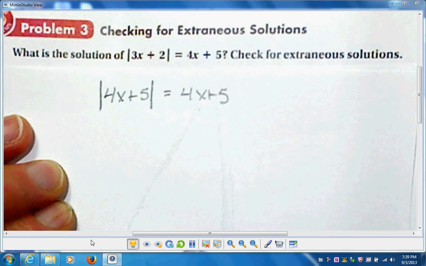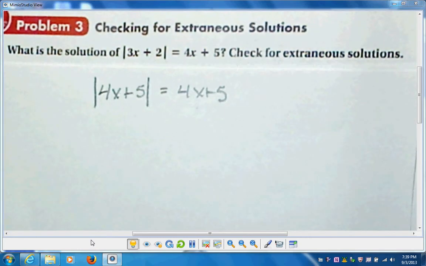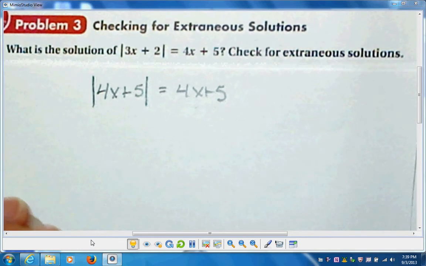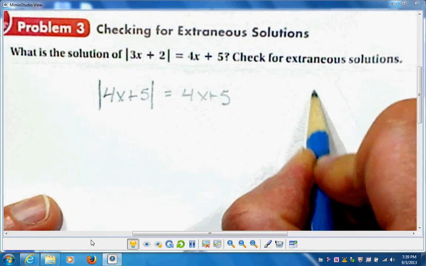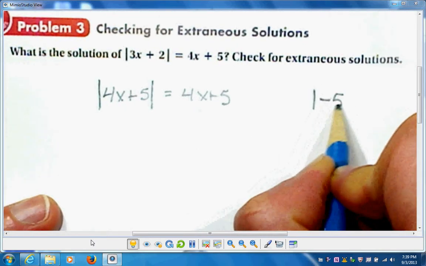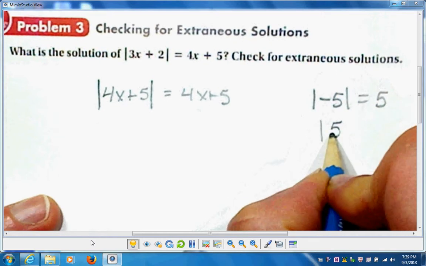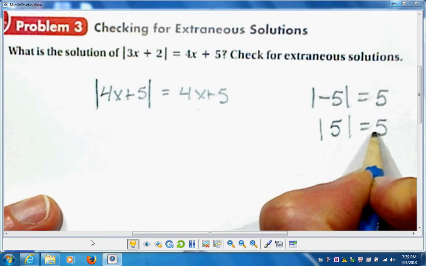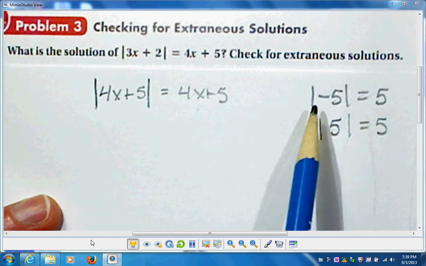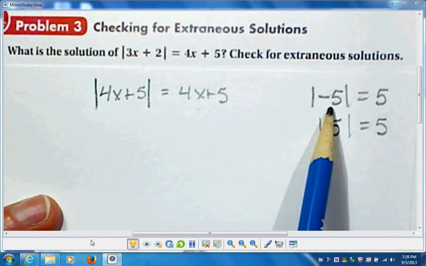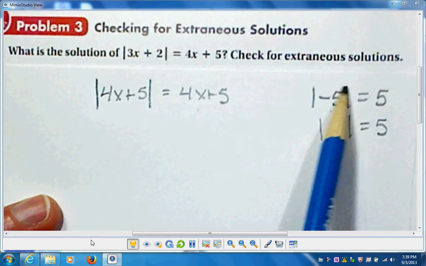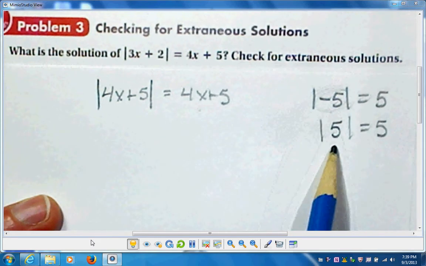Well, remember what we also know about absolute value. So let's think back that we knew that the absolute value of negative 5, for example, equaled 5, and the absolute value of 5 equals 5. So we're going to take this concept. Notice how this is the opposite of this.